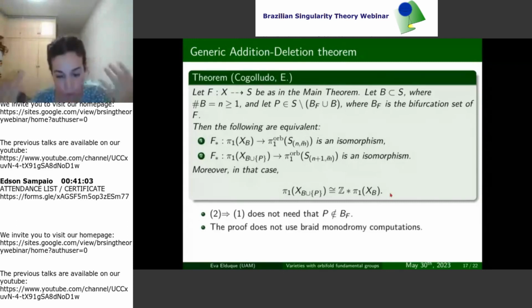Okay, one thing to note about this proof, apart from the fact that the theorem can be applied to cook up examples, is that we do not use braid monodromy computations.